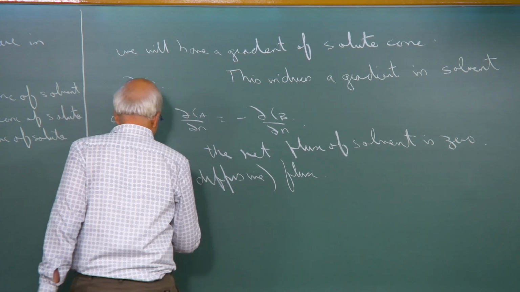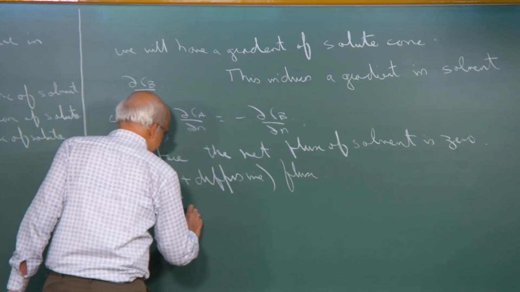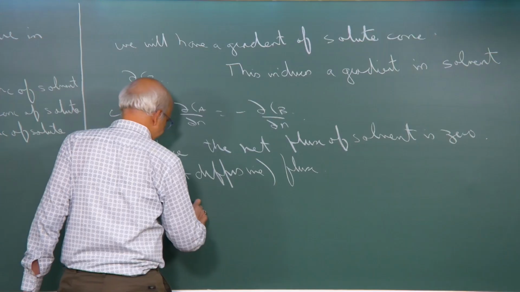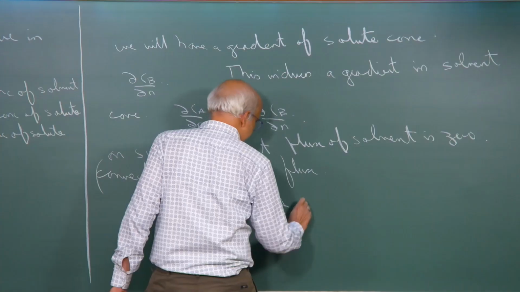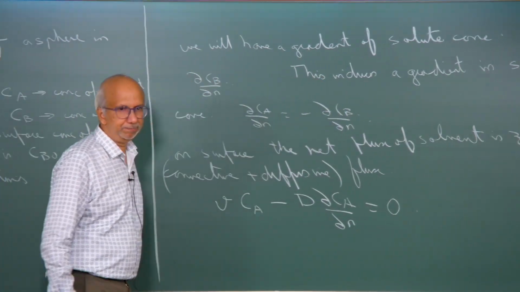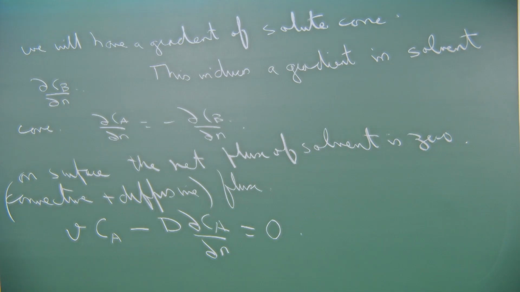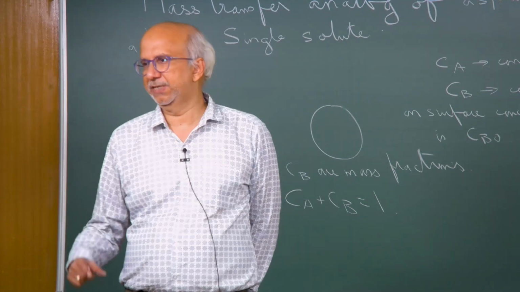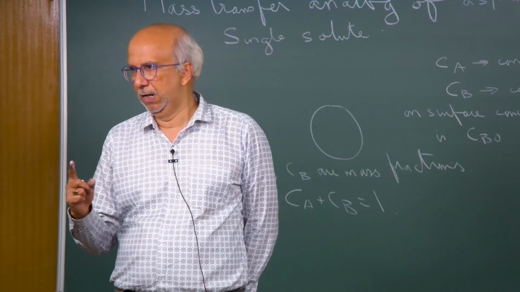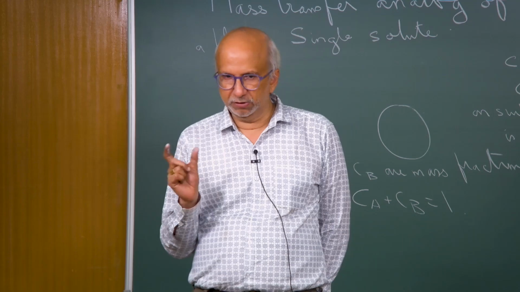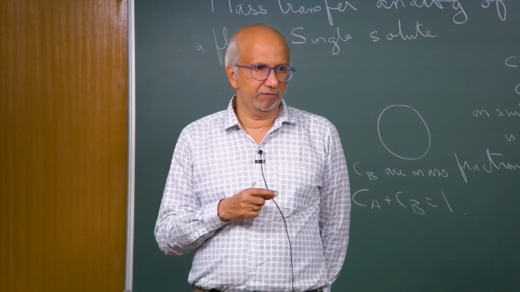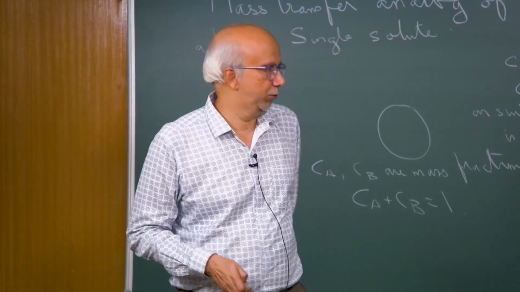So basically what this means is V times Ca minus D dCa by dN is 0. That is what I mean. Although my properties are all constant, there is nothing like density difference which is causing the velocity. This coupling between the solute and the solvent because of the mass fraction relationship is the one which is inducing the flow, inducing the velocity.